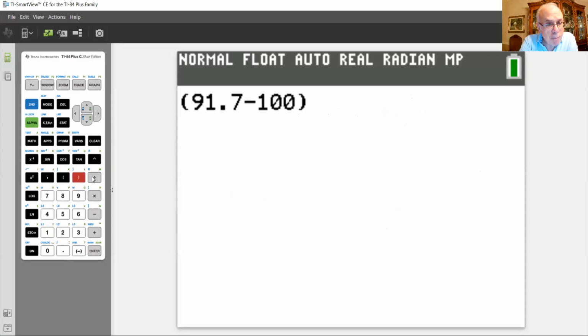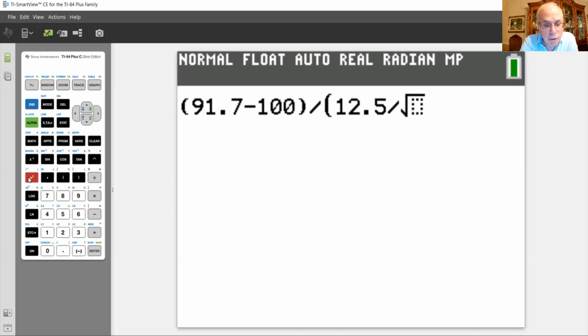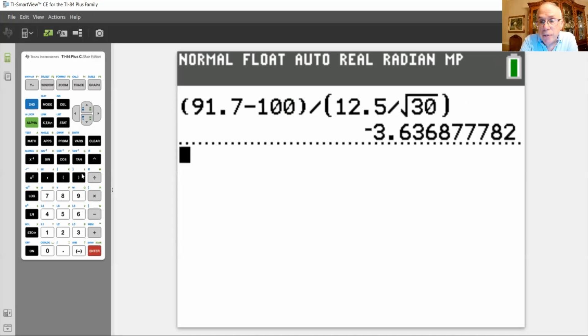Close those parentheses, divide by, open a set of parentheses, the sample standard deviation, 12.5. Divide by the square root of the sample size. Notice we put the full sample size in here, we don't subtract 1. We use our right arrow button to get out of the square root. Close the parentheses. Hit enter. There's our test statistic.